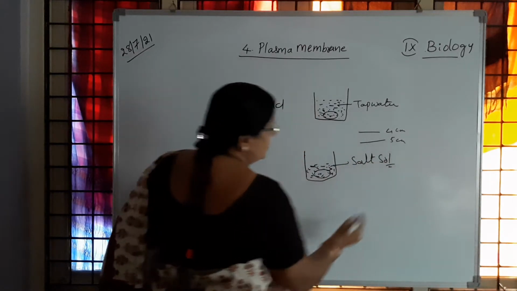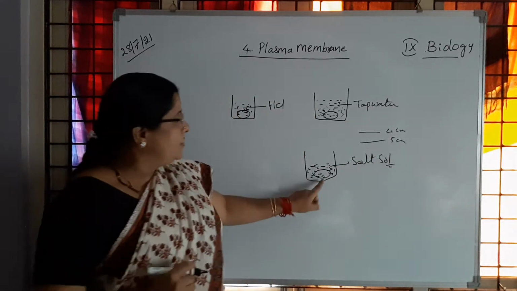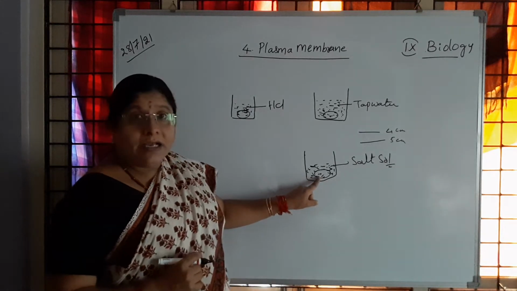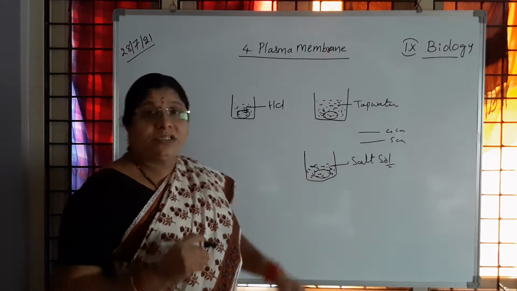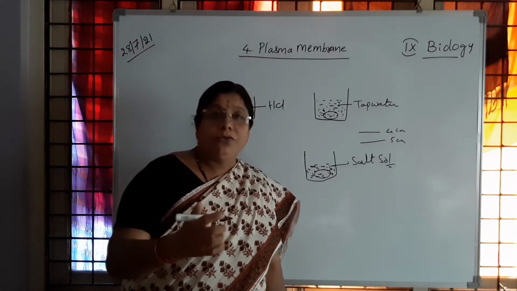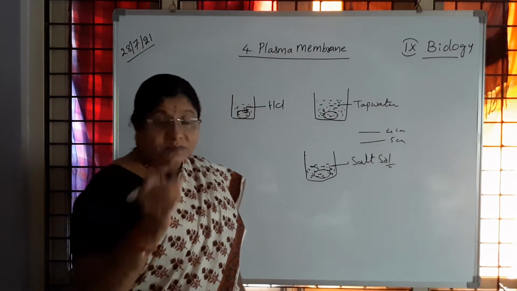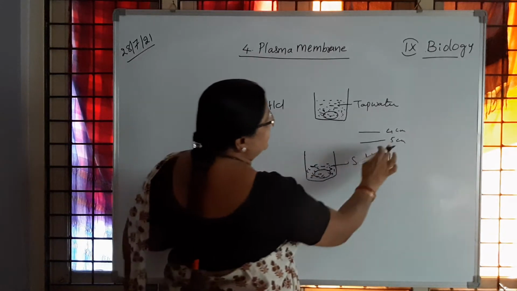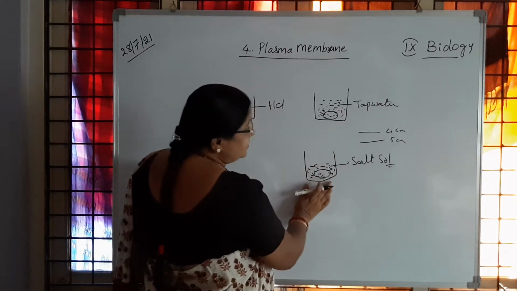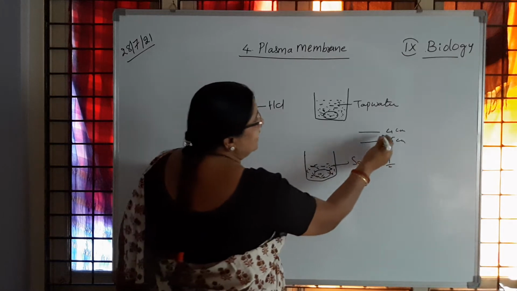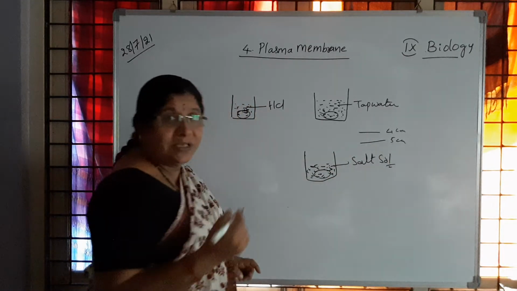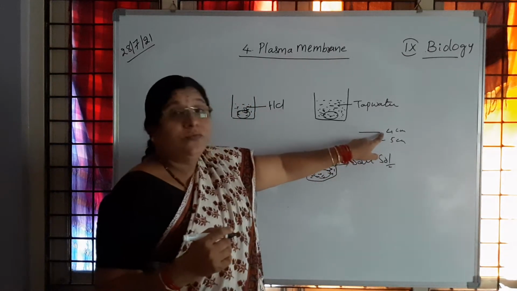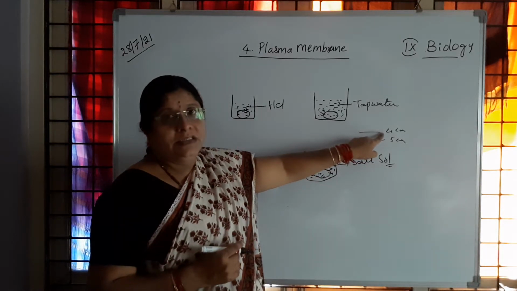Again we measure the circumference of the egg. Suppose it was 5 centimeters; after the time duration is over, what will be your observation if you measure it? It will be 4 centimeters. Is it clear to you?